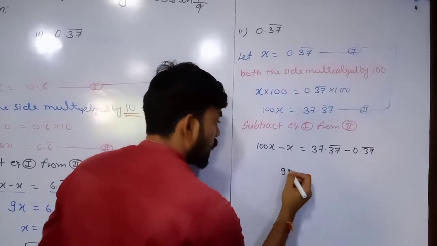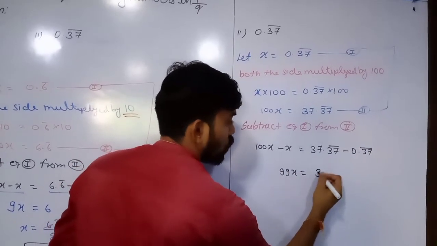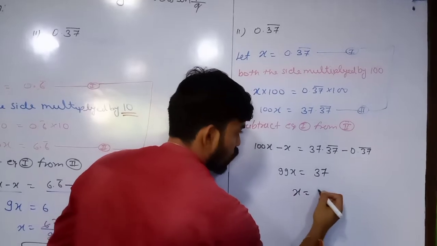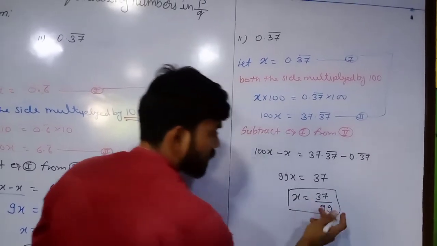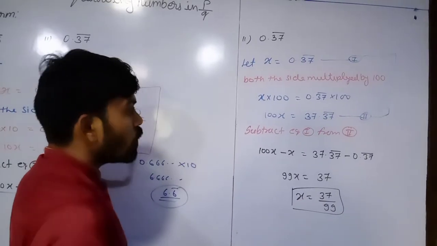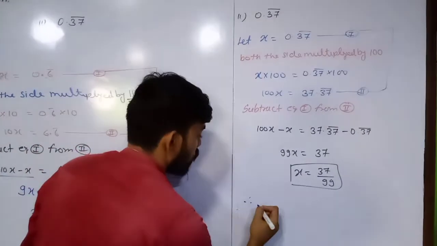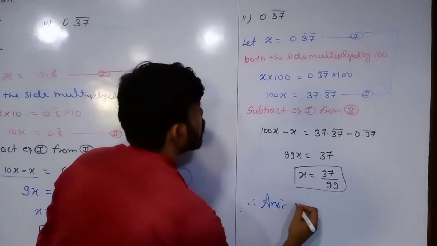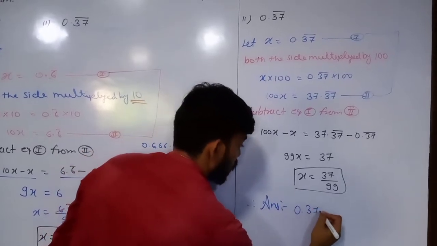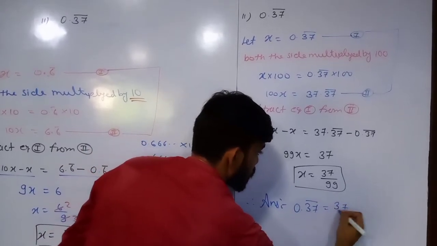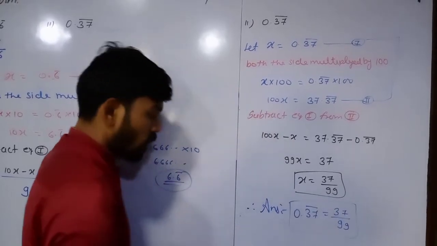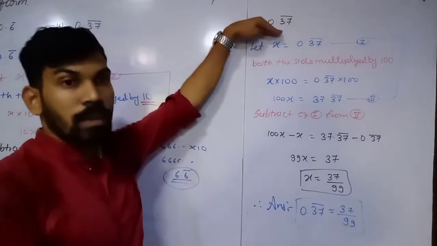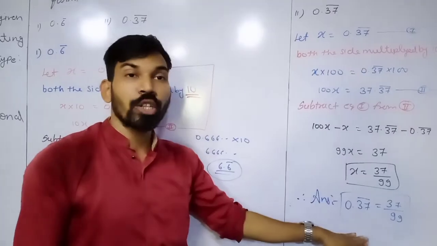It will become 99x is equal to 37. x is equal to 37 upon 99. We can check for cancellation over here. Therefore we should write the answer: 0.37 bar is equal to 37 upon 99. This way we can convert the given decimal form into the p upon q form.